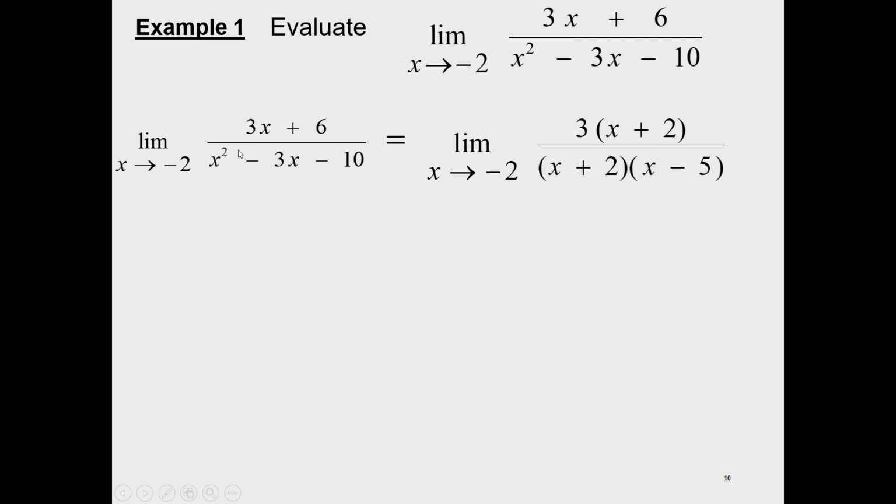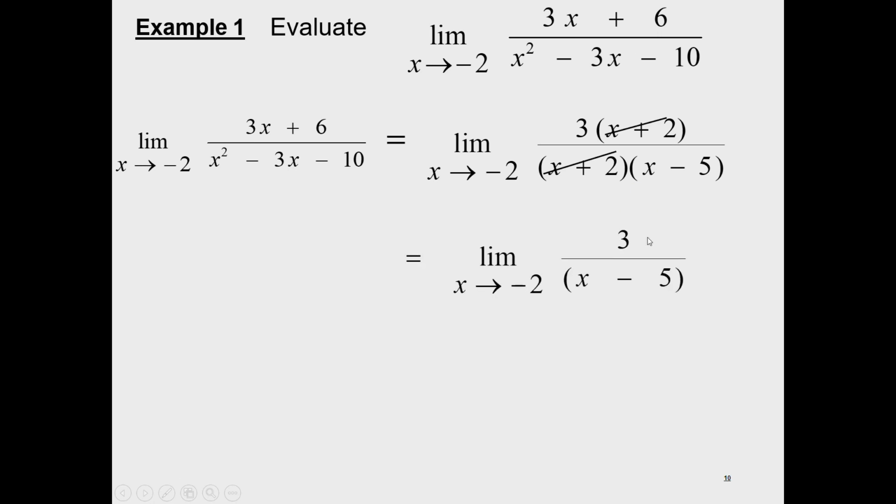So you can use the factorization method. If you factorize the denominator, you will get x plus 2, x minus 5, right? So clearly you can see that x plus 2 and x plus 2 cancel out.